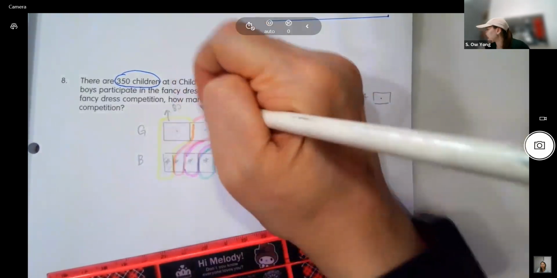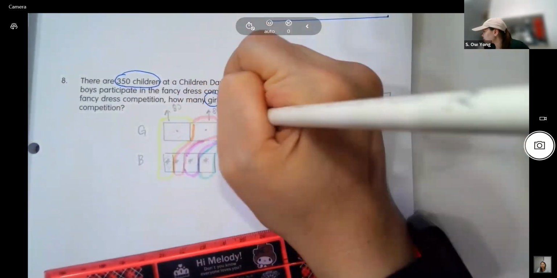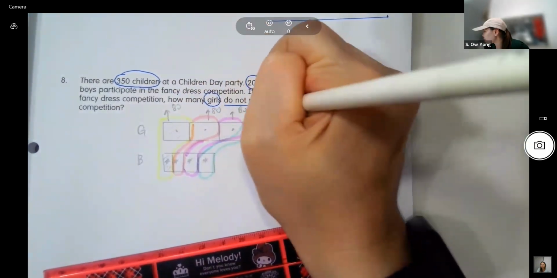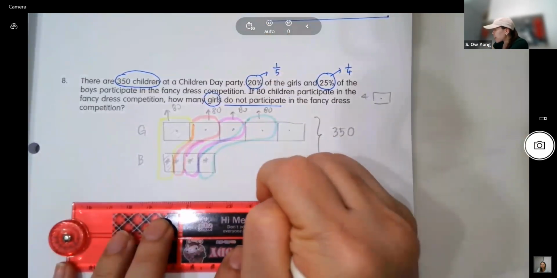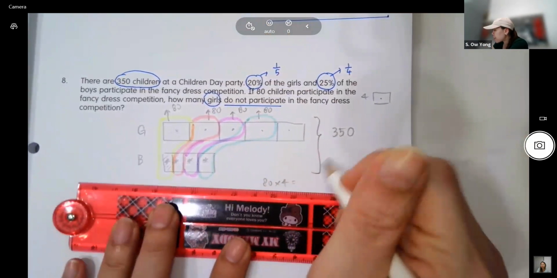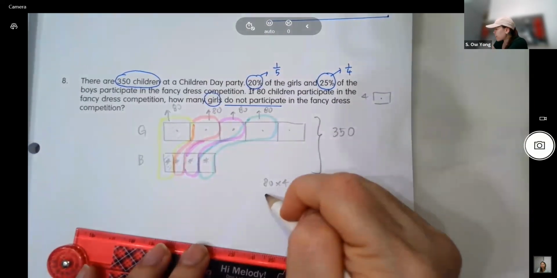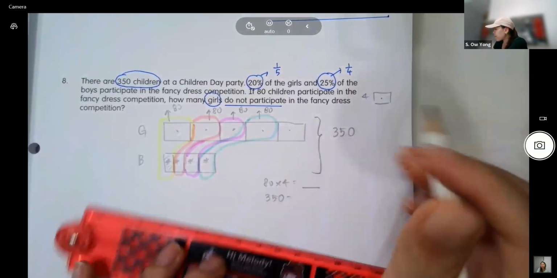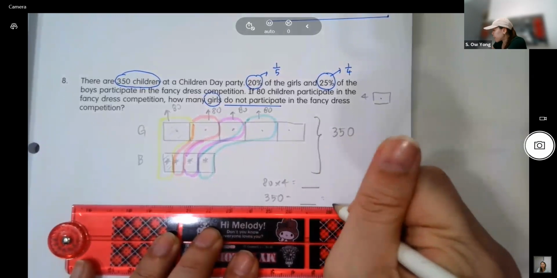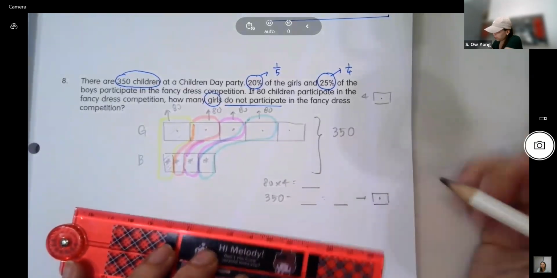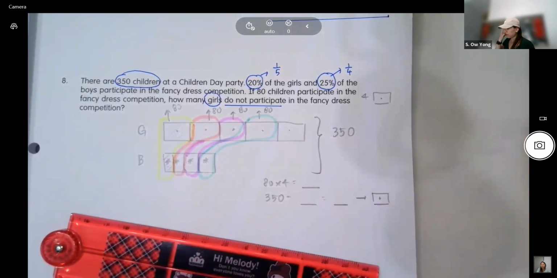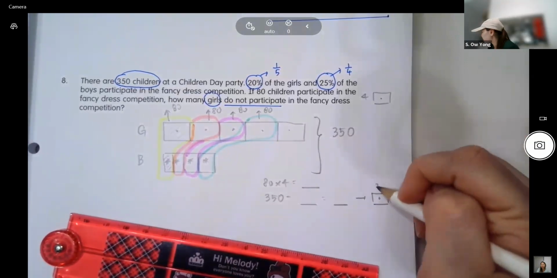If one group is 80, how many 80 do you see? You're right. So you take 80 times 4. Then after that, you take 350 minus that, and you will get the actual number for one unit of the girl. That's 30.